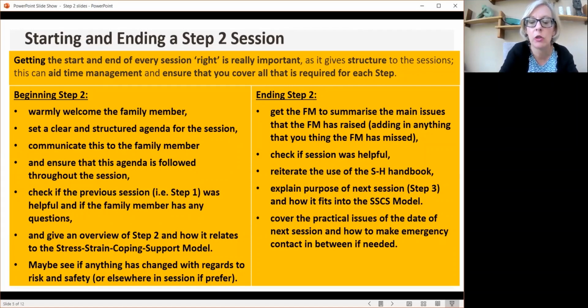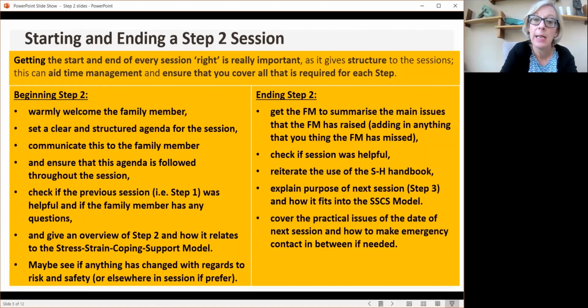At the end of step 2, practitioners should always ask the family member if they want to summarise the main issues, and then you as the practitioner can also add in your summary if anything is missed. It's important to check if the session was helpful and in what ways. Do reiterate the use of the self-help handbook. I can't stress enough how many times family members have said how useful it is, how it normalises the situation and gives them some feeling of hope.